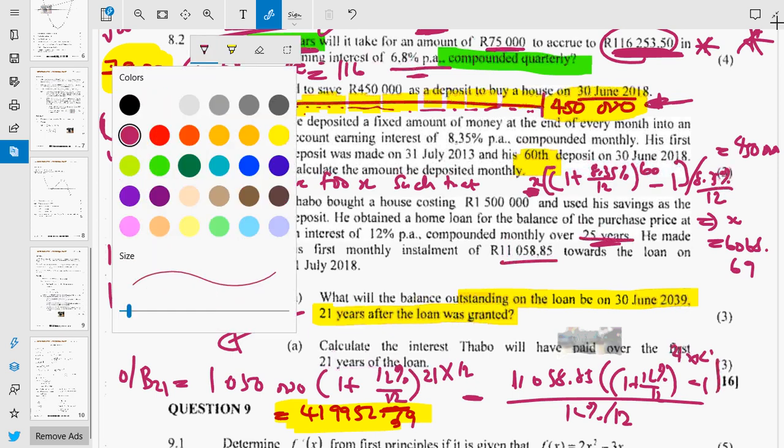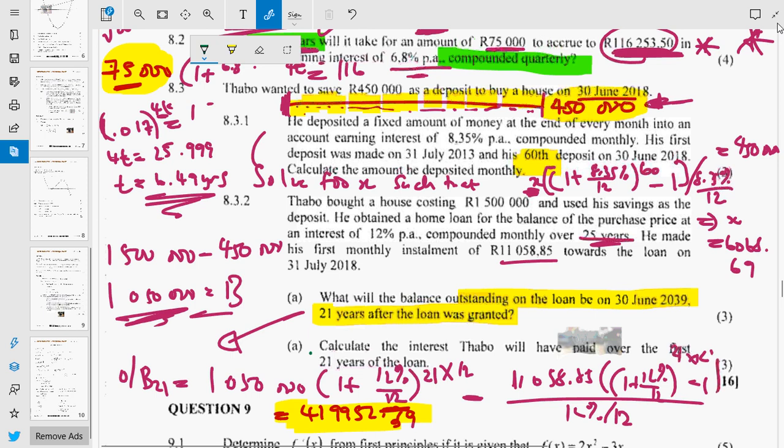Now I'm going to use a different color so that you can see. That will be given by the total payments over 21 years, which is 11,058.85 times 12 times 21. Remember, this is a monthly payment, but over a 21 year period, minus the actual loan, which is 1,050,000 minus the loan outstanding after 21 years, which is 419,952.39.